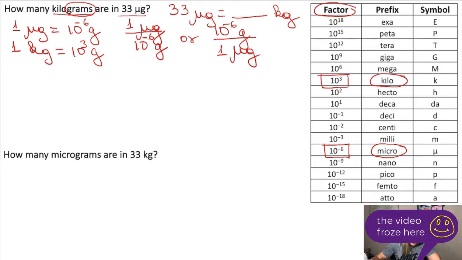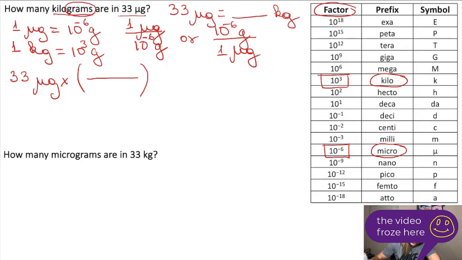So I'm going to start with 33 micrograms, and I have to multiply this by a fraction, which is going to help me cancel out the micrograms and get grams. If I want to cancel out the micrograms, will my micrograms go on the bottom or on the top in my fraction?